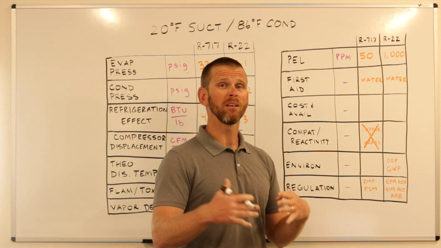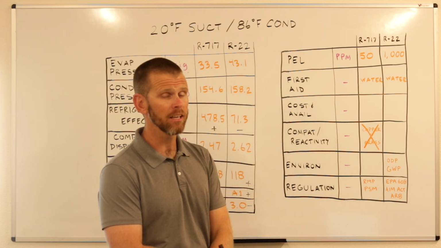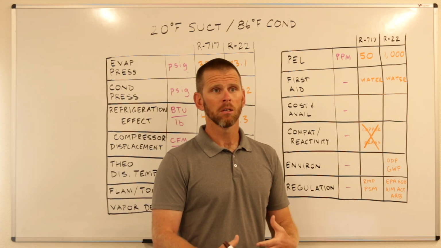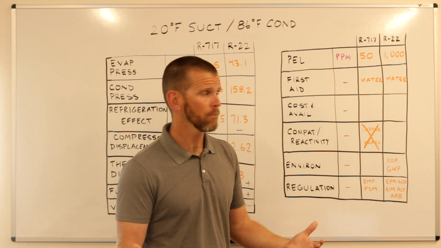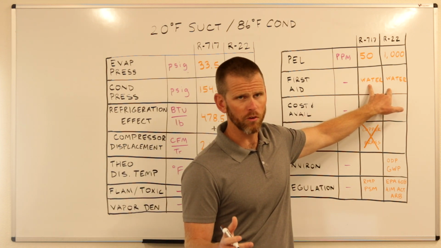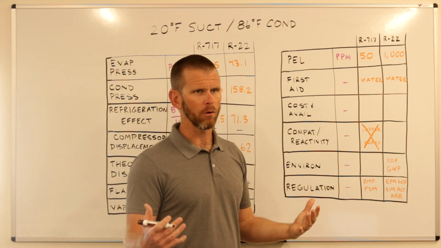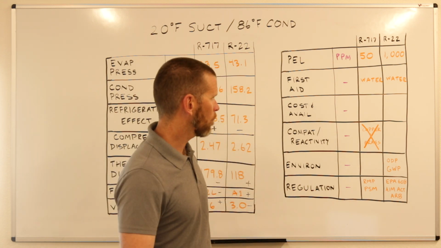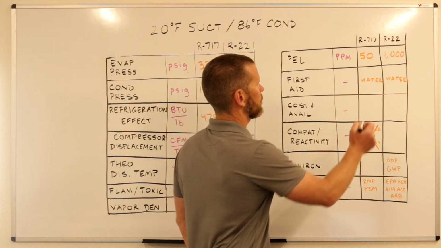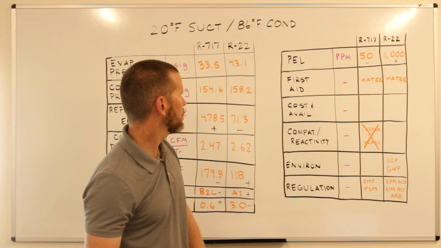Both refrigerants could be very cold and cause frostbite or even freeze clothing to skin. So in that regard, first aid considerations are very similar. Either way, regardless of which refrigerant you choose, you'll need to have access to an eye wash and safety shower where work will be performed. So pretty similar there. I'll put my plus and my minus for the PEL, so I'll add those.